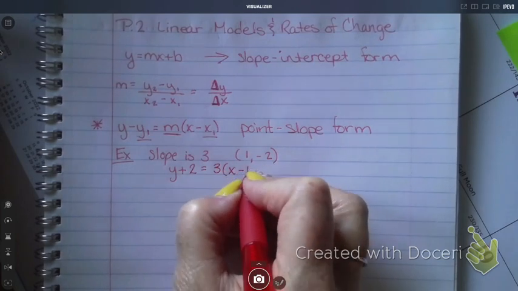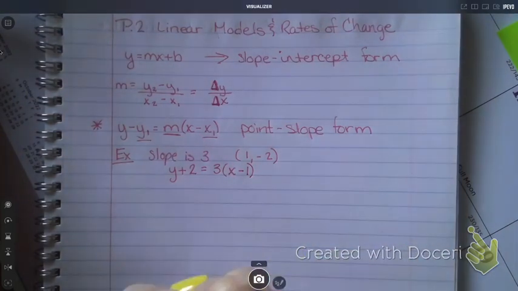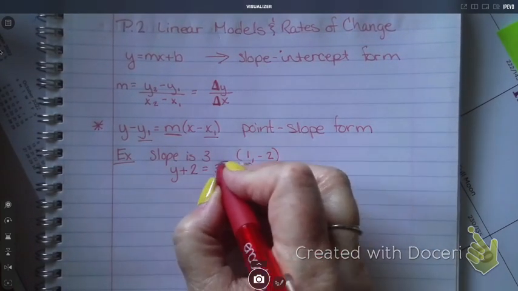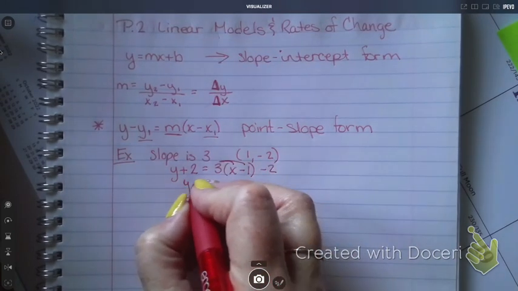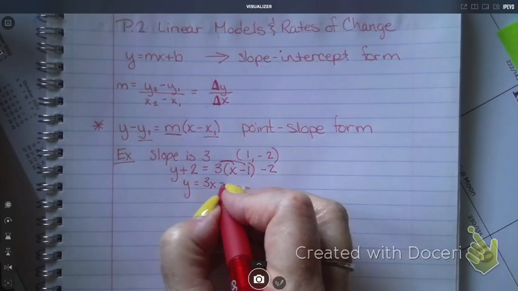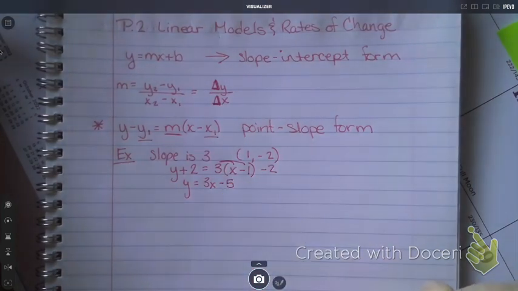Oh, you distributed it. Okay, so this is how I fill in the equation, yes? So you will subtract 2 and distribute 3. So I get y equals 3x, and -3 minus 2 is -5.